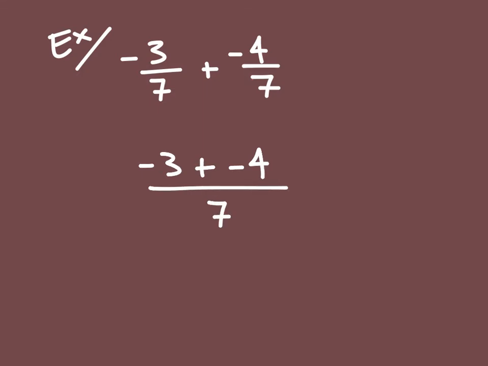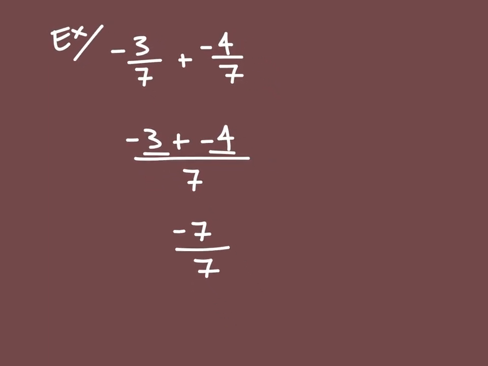Then I just operate within my numerator. -3 plus -4 gives us -7, and we're going to put that over +7. Now, a fraction really just means division, and I can divide these numbers. -7 divided by 7 is just going to give me a -1. A negative divided by a positive gives me a negative, and that's my answer.